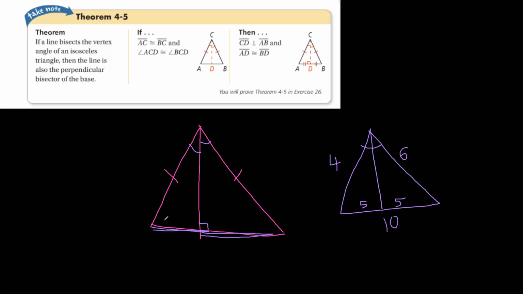The others? Teacher, I don't understand the question. Here you have this triangle. The length of the base is 10. And there's a bisector. It cuts the angle into two equal halves. Does it cut the side into two equal halves? So it will be 5 here and 5 here. Ah, yes.